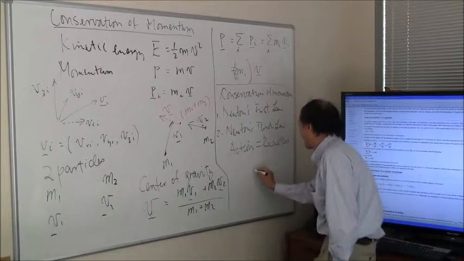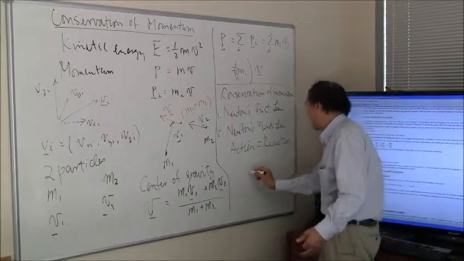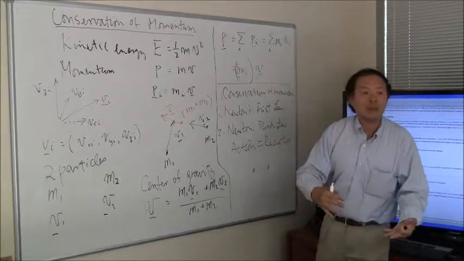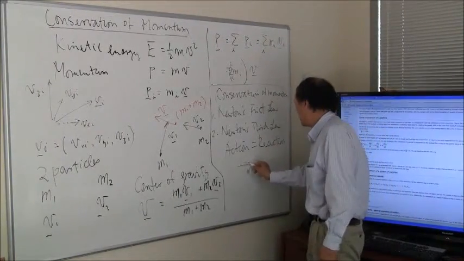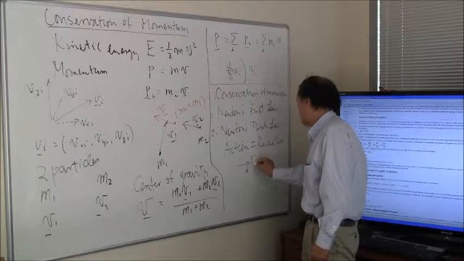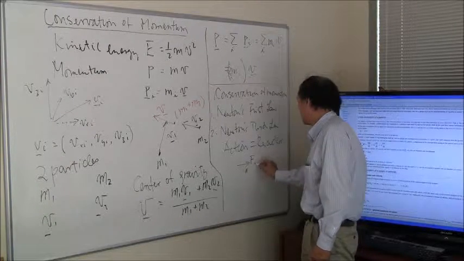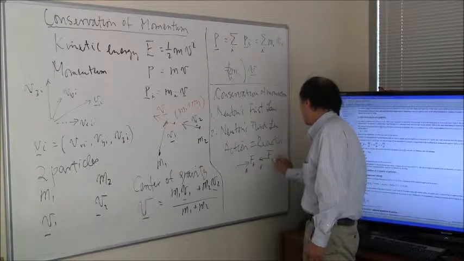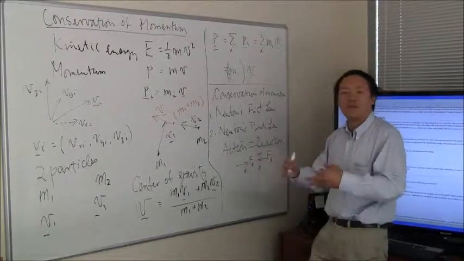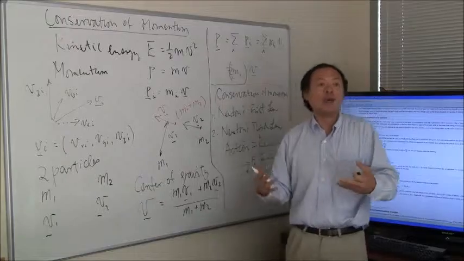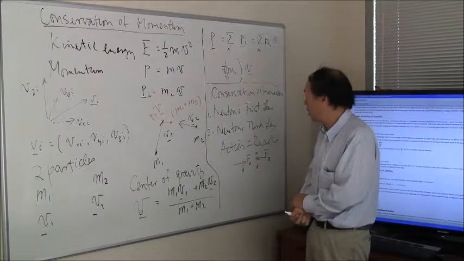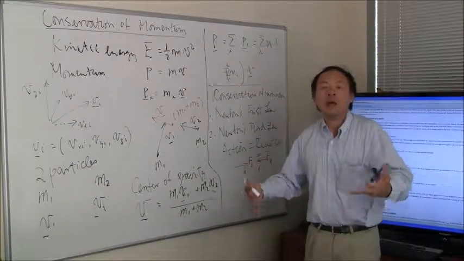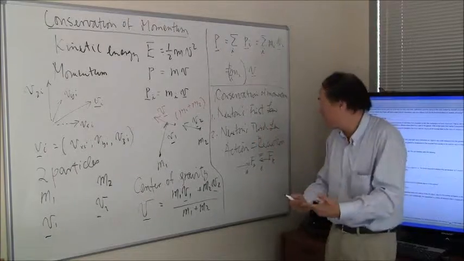If you have two particles colliding, then you have an action of one particle on the other, and a reaction, and these are forces. An action of force F is met by a reaction force, and these two forces on the objects are equal and opposite. That's according to Newton's third law. So long as there's no external force acting on these particles, you can have internal forces as the particles collide with each other.